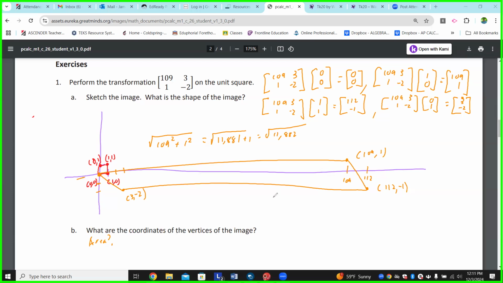I'm going to keep it like that for now. Then I would have to figure out what is the square root of 13 times the square root of 11,882?